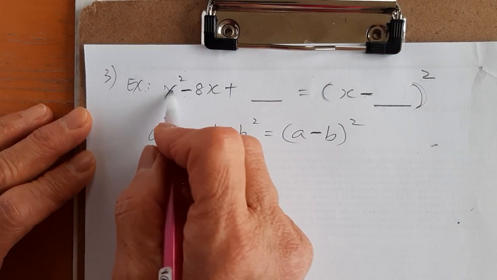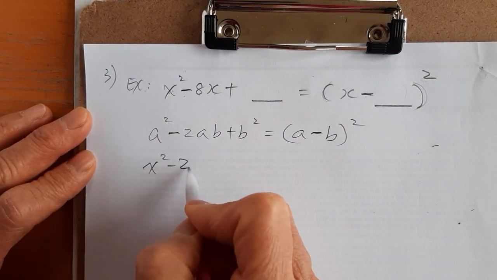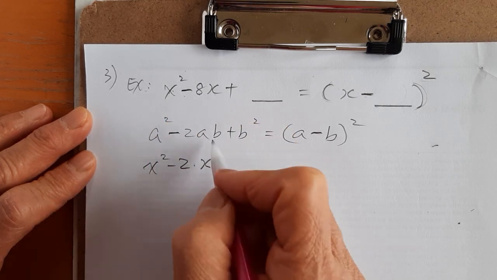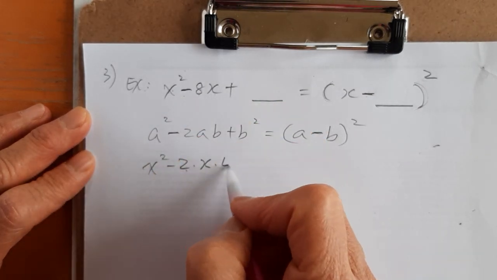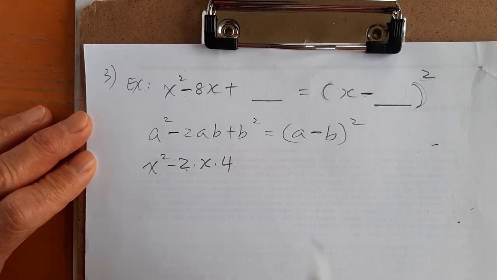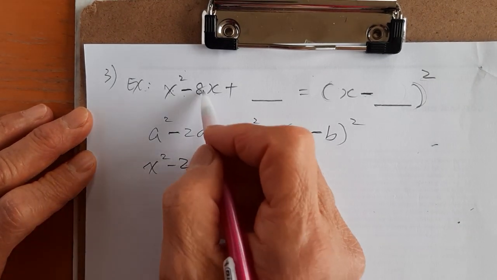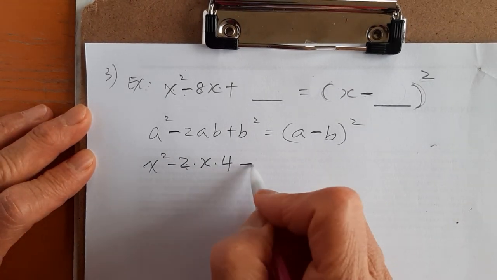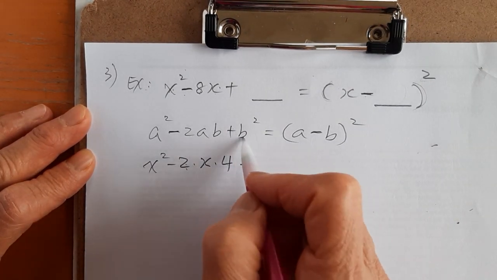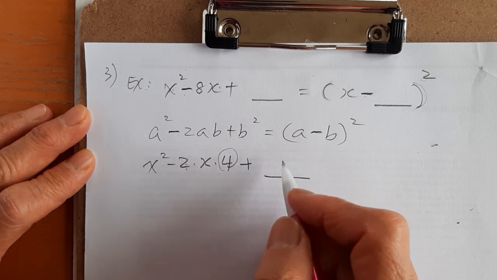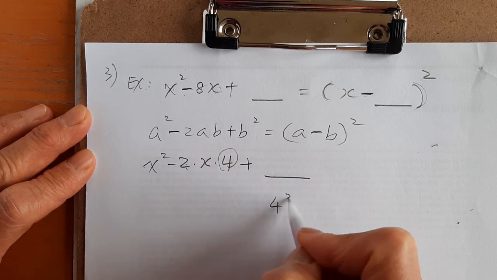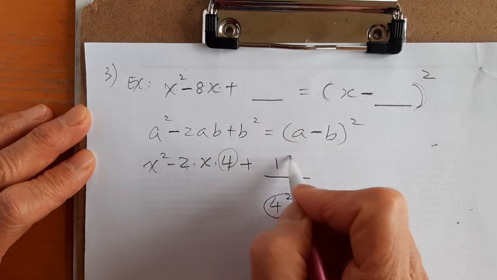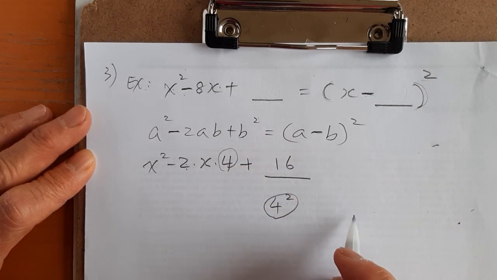According to this, a is x, and b is a divided by 2, which is 4, because 2 times x times 4 equals ax. And the plus what? b squared, 4 squared.